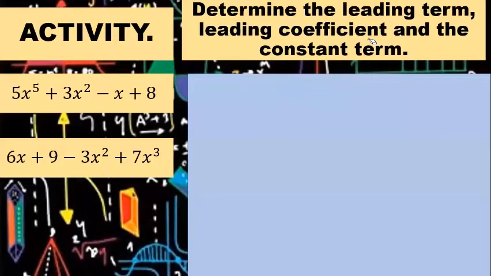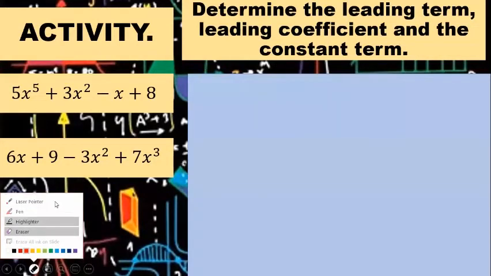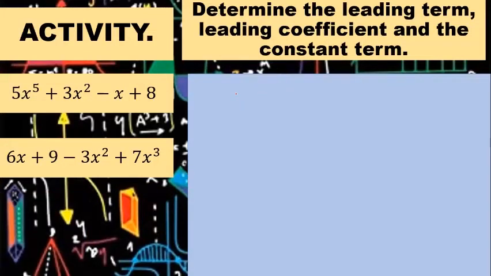Next, we have 6x plus 9 minus 3x squared plus 7x cubed. Determine the leading term, the leading coefficient, and the constant term. Okay, what can you say about the expression? So, it is not in descending order.